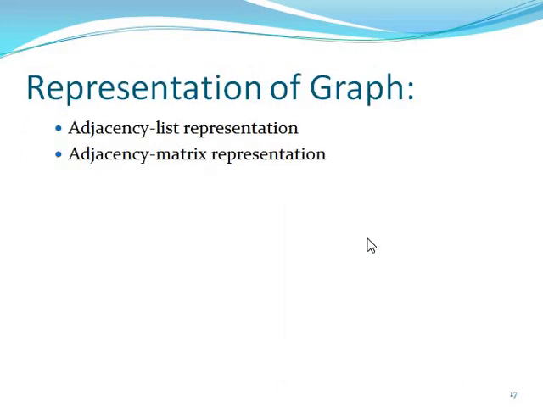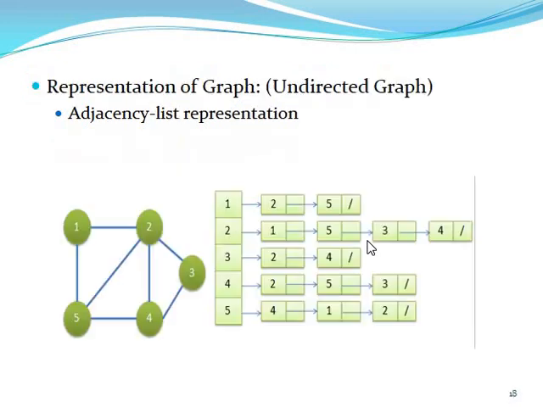Then we can look at the representation of the list and matrix. In the list, we can show one graph, for both undirected and directed graphs, and we put some values. You have seen 1 to 2 and 1 to 5, and we represent 2 and 5 using a linked list.